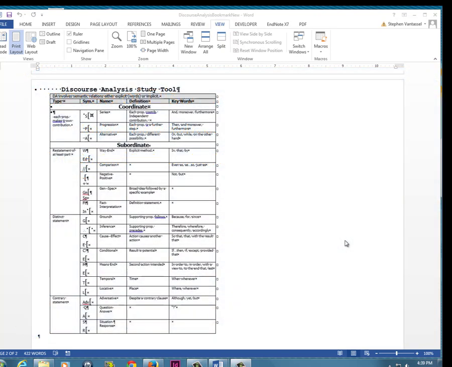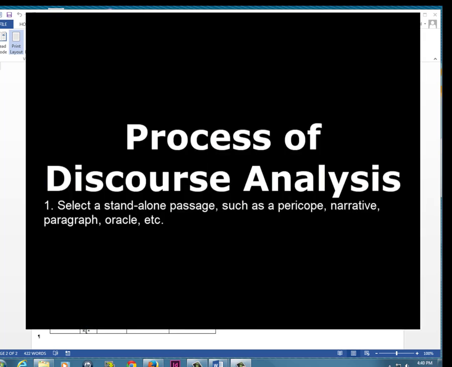So what you are doing is that you are breaking down the passage of Scripture that you are looking at, and it's a section of Scripture, not so much a verse. You want to look in terms of a full segment of Scripture, for example, a pericope if you're talking about the Gospels, or an argument within Paul, or perhaps a narrative in the Old Testament, or an oracle if you're dealing with some of the prophetic poetry.